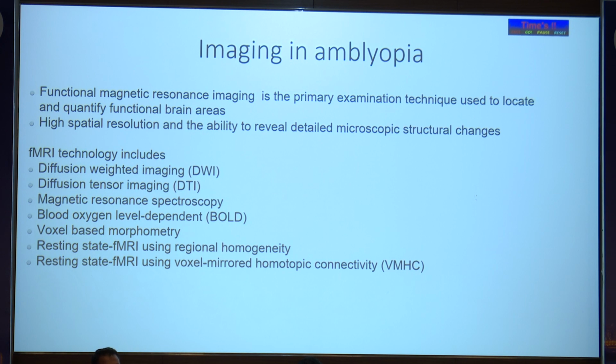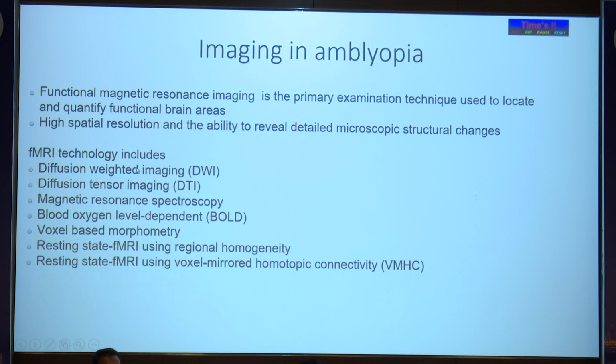If you are really interested in finding out what is happening in amblyopia, then you have to go for functional MRI, which is a very complex imaging. You have to know what the vision centers are and how vision is processed in the brain. Then you have to learn about functional MRI techniques.